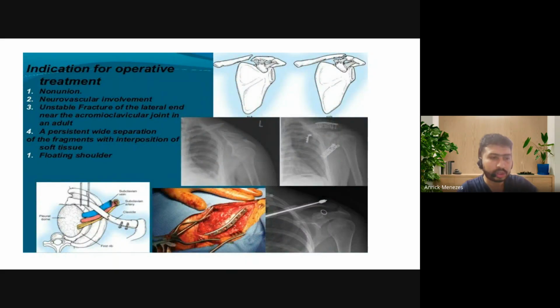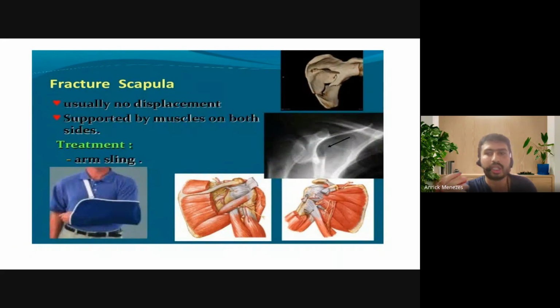Severe displacement over a period of time, or multiple Z fragments, could cause compression. So floating shoulder is also one of the major indications for operative treatment in clavicle fracture.